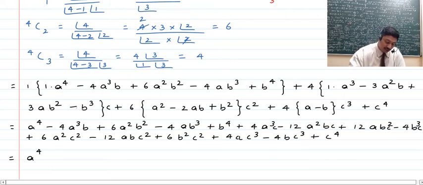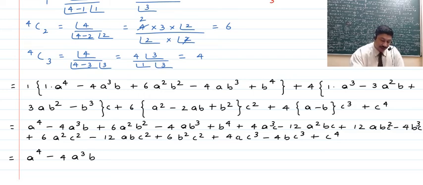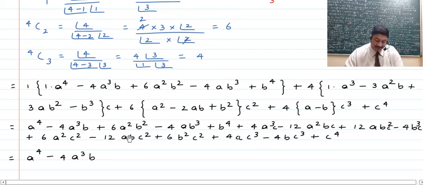So as such, here we will write this as it is, that is minus 4 a cube b. Then we search for the term which is a square b square, right? Now we do not get a term which is a square b square.